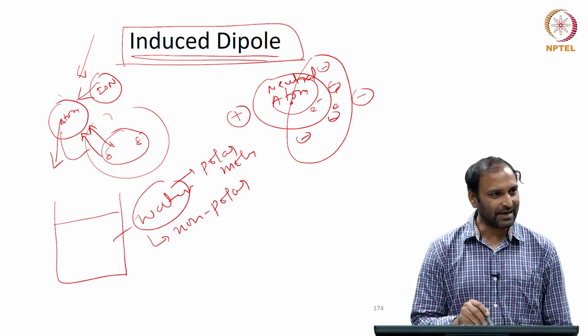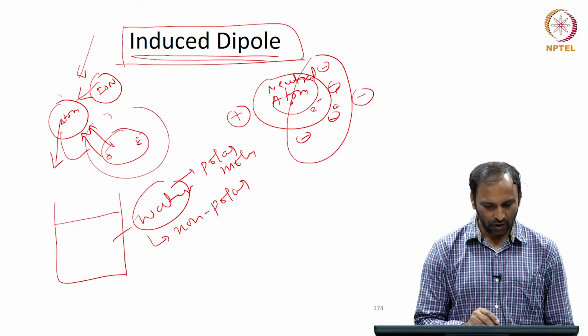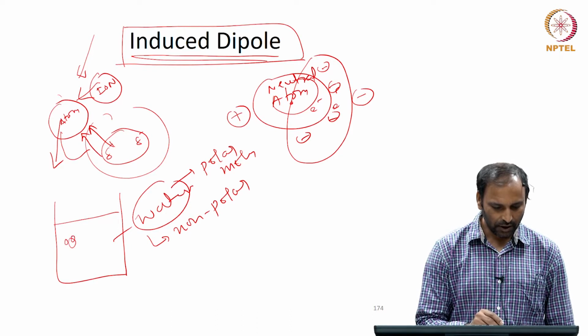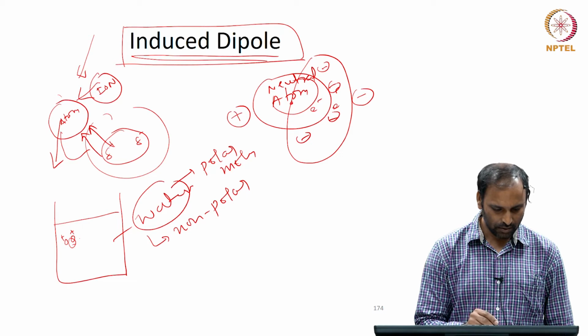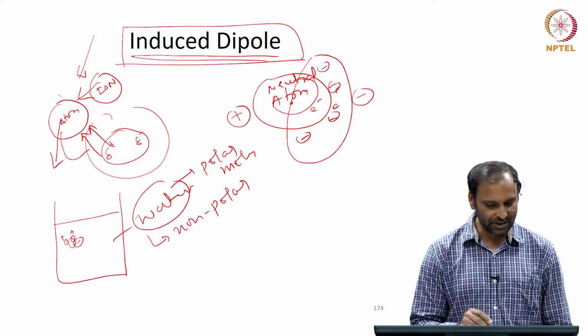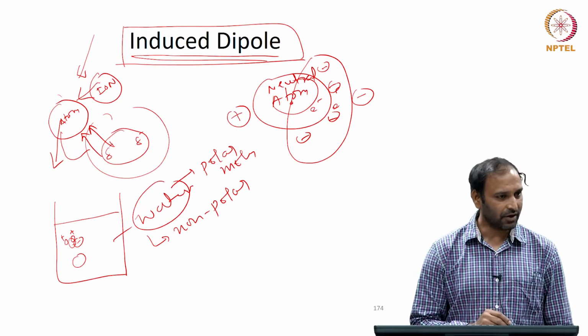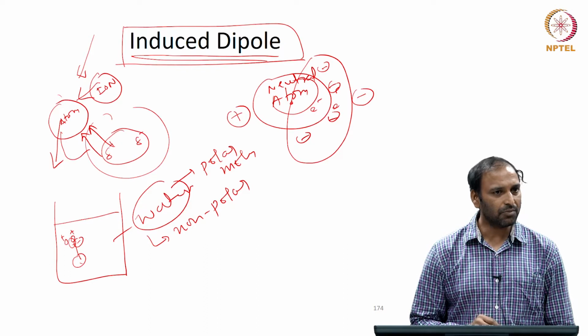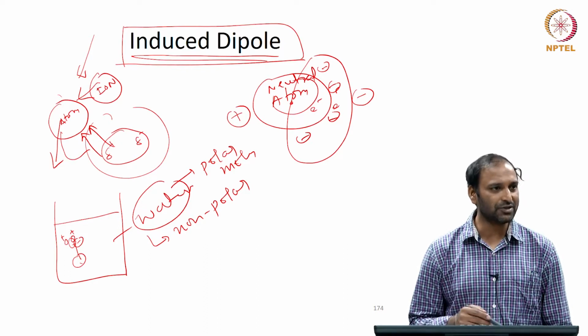If you have cases like that, then you have some molecules which have a permanent dipole, and some non-polar species which does not have any charge. Therefore, you can think about an interaction between a permanent dipole and an induced dipole.